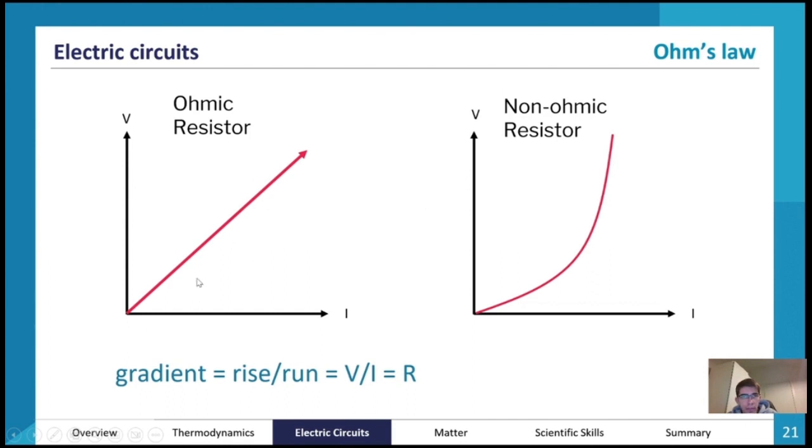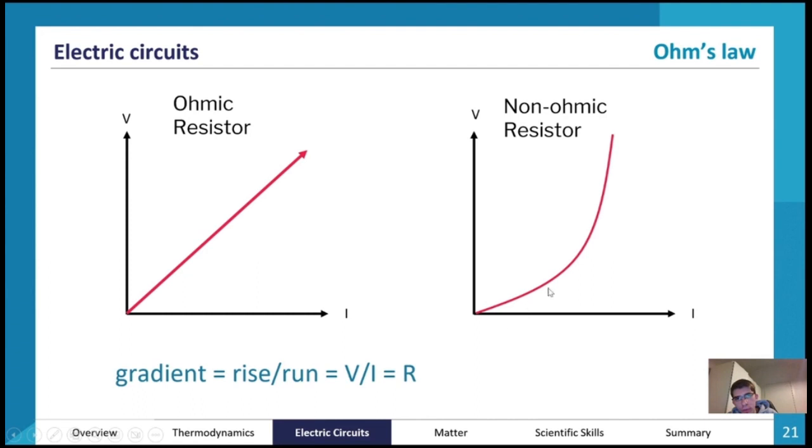Ohmic resistors are the ones that represent a linear relationship between voltage and current. That is, the gradient is the same, and the gradient represents the resistance.